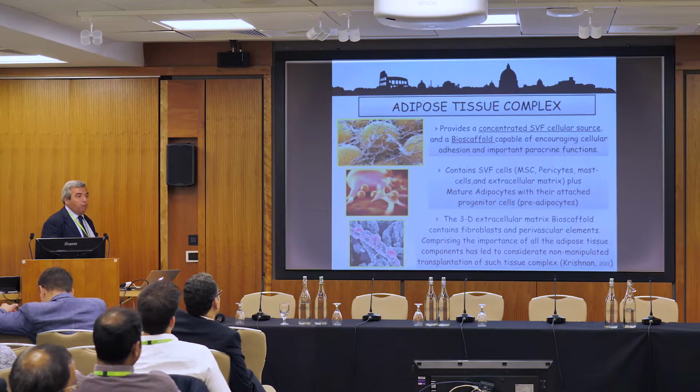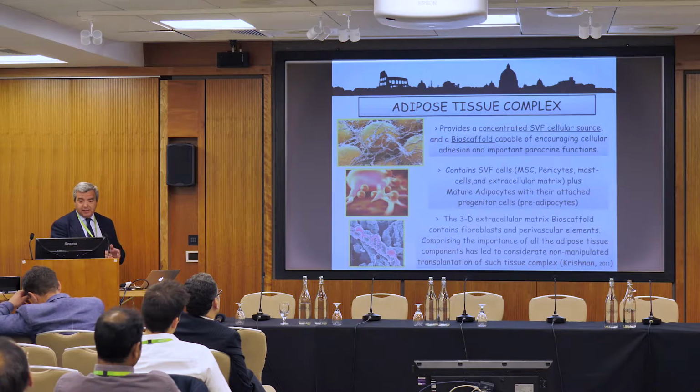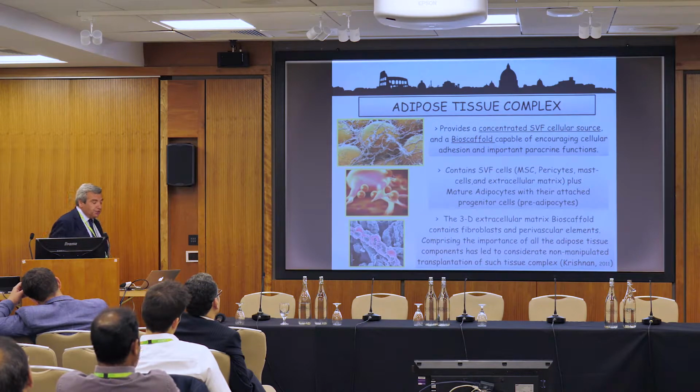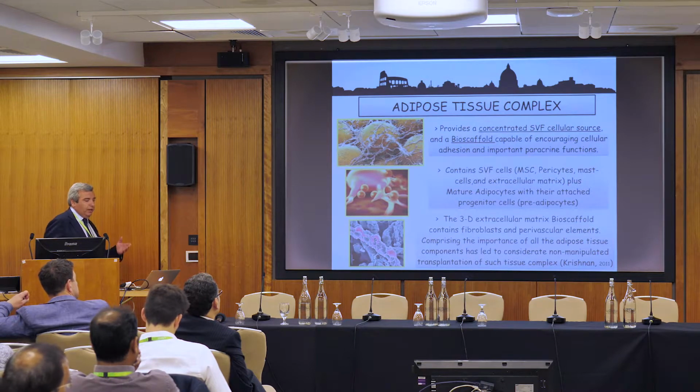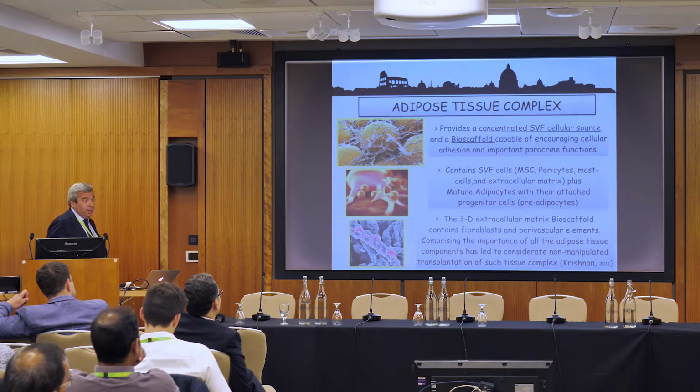The adipose tissue complex, as I just said, provides an important part of cells, an important bioscaffold capable of encouraging cellular adhesion, and important paracrine functions. When we look at the stromal vascular fraction, you certainly know it's a mix of cells. Mainly the most important ones, thanks obviously to the work also of Professor Kaplan, are the MSCs and the pericytes.